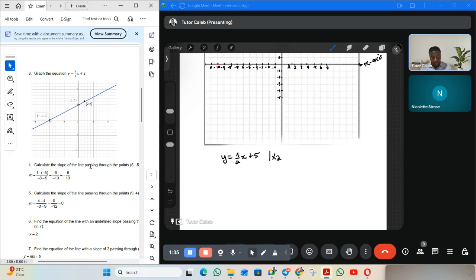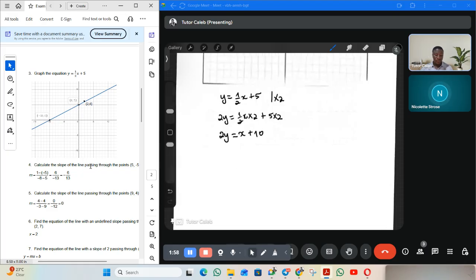If I do that, I'm going to have 2y equals half x times 2 plus 5 times 2. This will give me 2y equals, half x times 2 will be 1x, so x plus 10.